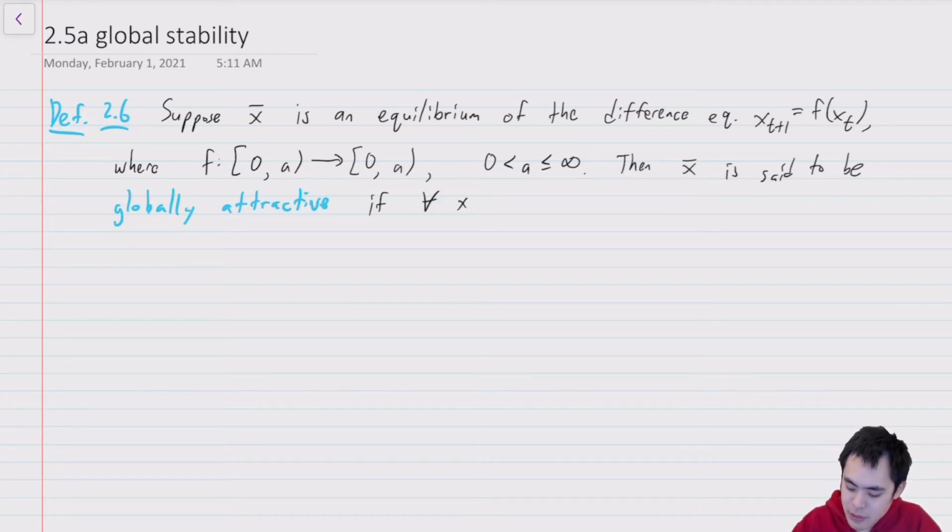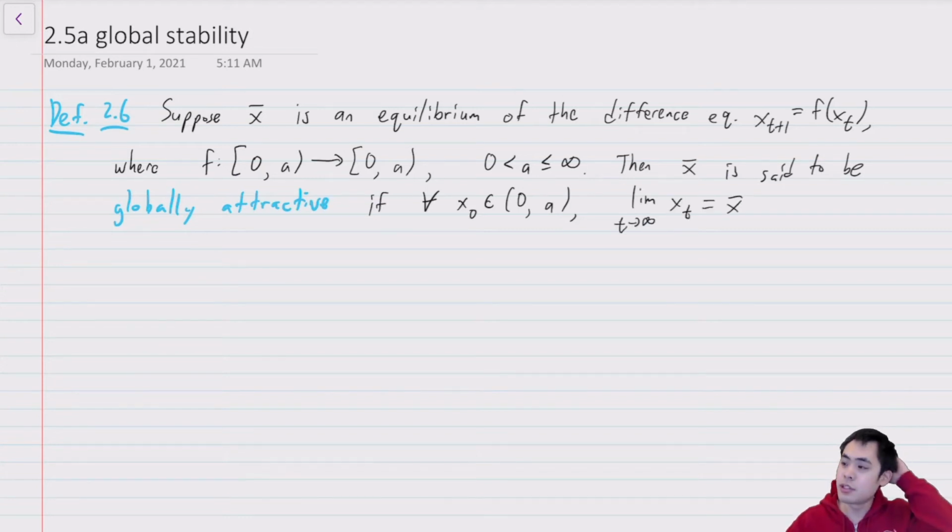If for any x naught in our interval, 0 to a, the limit as t goes to infinity of x sub t is equal to x bar. So note that this is very similar to locally attractive, except we don't have to worry about starting near our equilibrium. We can start anywhere in our domain.